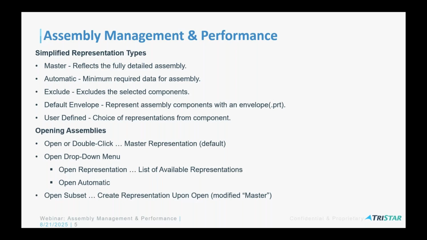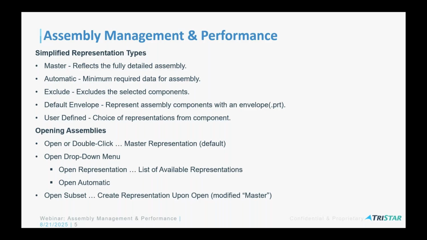We can use the drop-down menu, which allows us to open the dialog for opening the representations that might be available within that assembly that are already defined. We can also use Open Automatic, and that's a predefined simplified representation provided with the software. There's also the Open Subset.